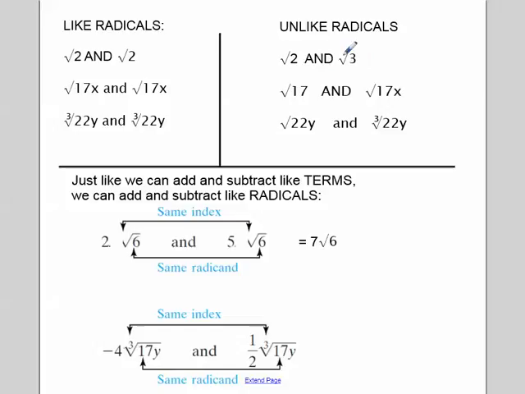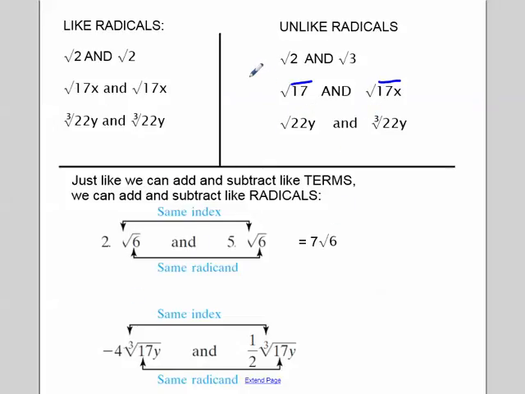Nope, not like radicals. Not like radicals because this has an x in it. Not like radicals because this is a square root of 22y and this is a cube root of 22y. Even though the 22y is the same, the index says they are not like radicals.